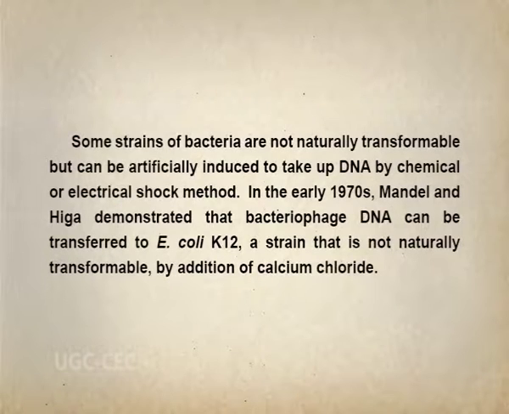Some strains of bacteria are not naturally transformable but can be artificially induced to take up DNA by chemical or electrical shock methods. In the early 1970s, Mandel and Higa demonstrated that bacteriophage DNA can be transferred to E. coli K12 strain, a strain that is not naturally transformable, by addition of calcium chloride.